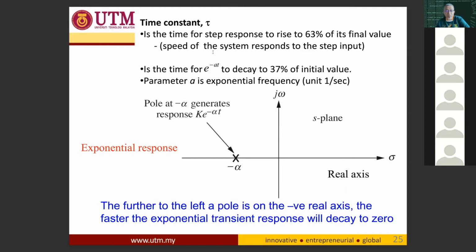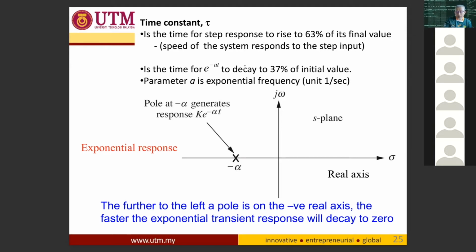Time constant, I repeat again, is the time for the step response to rise to 63% of its final value. It shows the speed of the system response to the step input, and it is the time for exponent minus at to decay to 37% of its initial value. Sama je lah, balik. Parameter A is the exponential frequency, which has a unit of 1 over second.